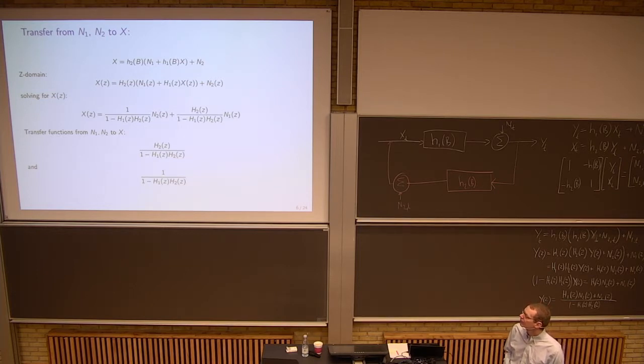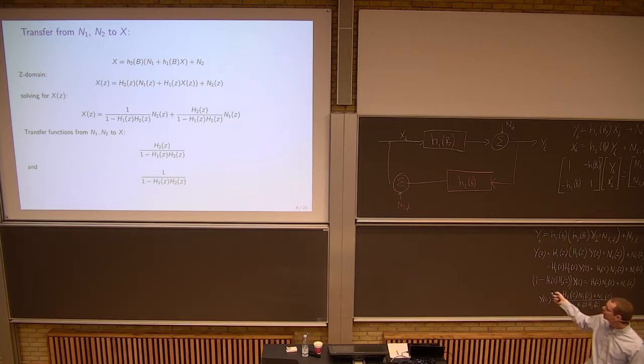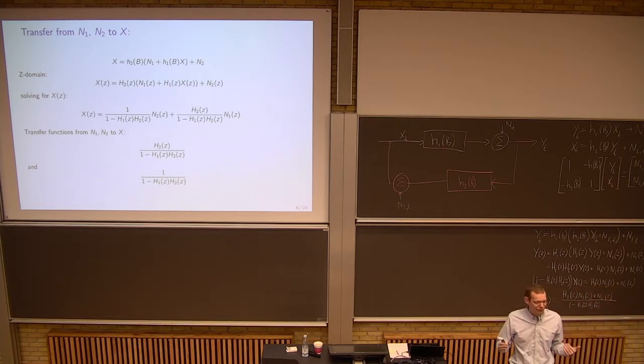There's one mathematical difference between the things that we have up here and using this here. Let's say that these transfer functions here are fairly simple, so they have a finite number of elements in them.